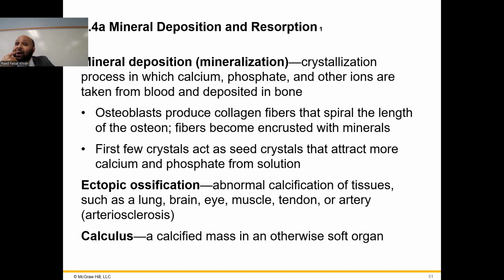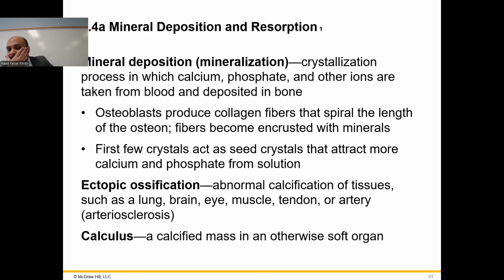When you see what it says there, crystallization process in which calcium phosphate and other ions are taken from the blood and deposited in the bone, what does that tell you? That's a response to? Exactly. That means that's a response to regulating hypercalcemia.